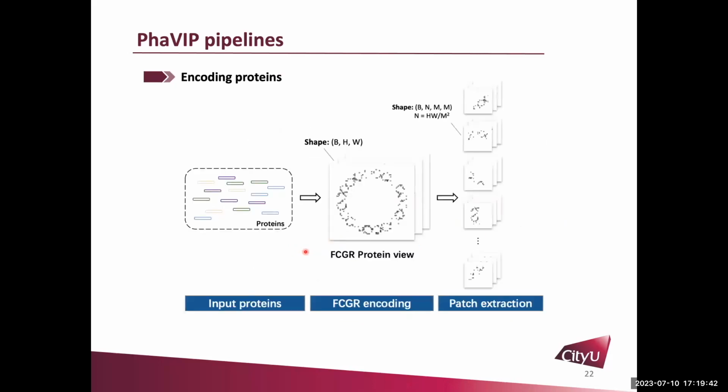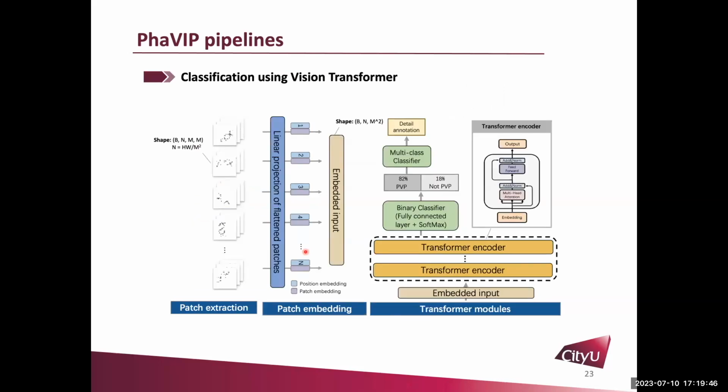Then we will generate patches from the images and feed these patches into the vision transformer model. In the prediction, we train two different classifiers. Only those proteins predicted as PVP will call the multi-class classifier for further classification.